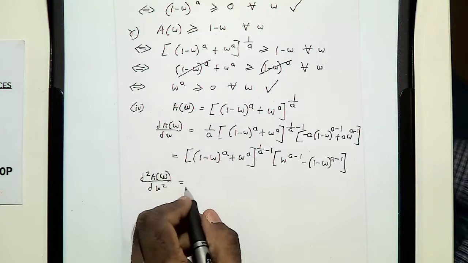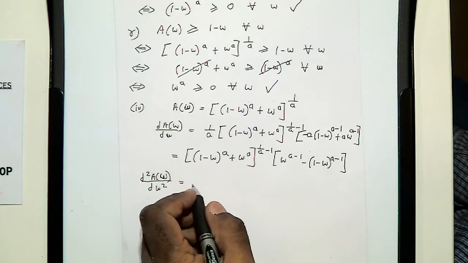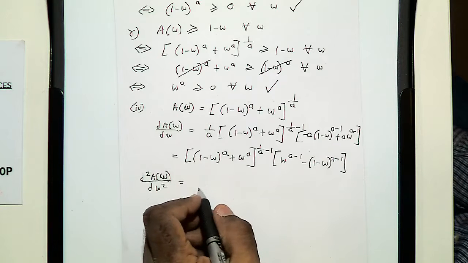is, you need to use the product rule, right, to do the second order derivative. So let's see how we can do this.